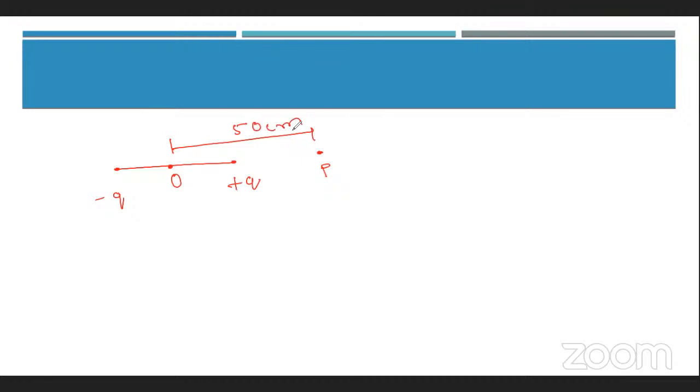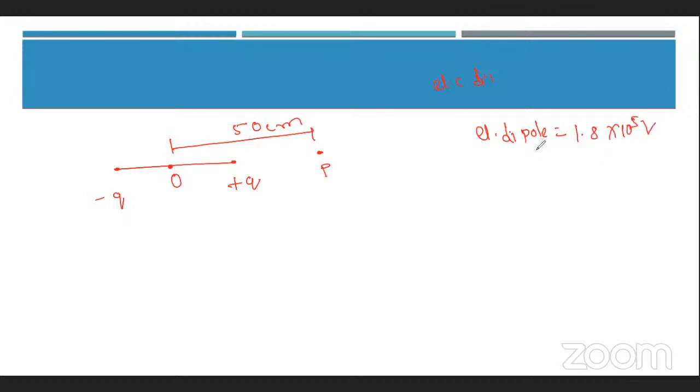So the electric dipole is given to you. I'll write the value here only. The electric dipole value is equal to 1.8 into 10 raised to 5 volt. This is given to you.